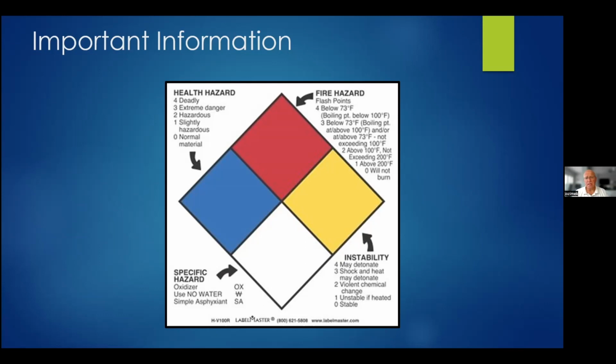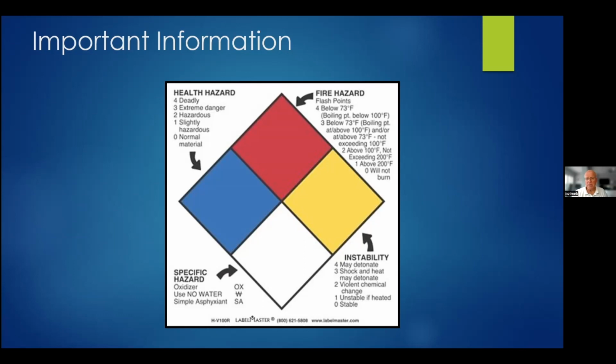Fire hazard: will not burn would be very low on the spectrum, 0. Something with an extremely low flash point, like gasoline, which has a flash point of minus 49 degrees Fahrenheit, would have a high fire hazard.